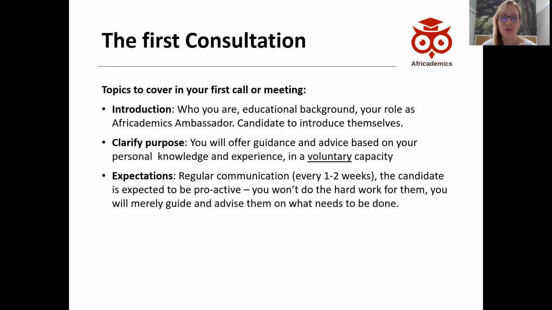Or you might go through a longer period of advising them, helping them boost their resume, helping them look for scholarships. Maybe they need to wait until the next year because they haven't finished their degree. So it depends on how long that period will be, but I think checking in every 1 or 2 weeks is a good and feasible timeline.